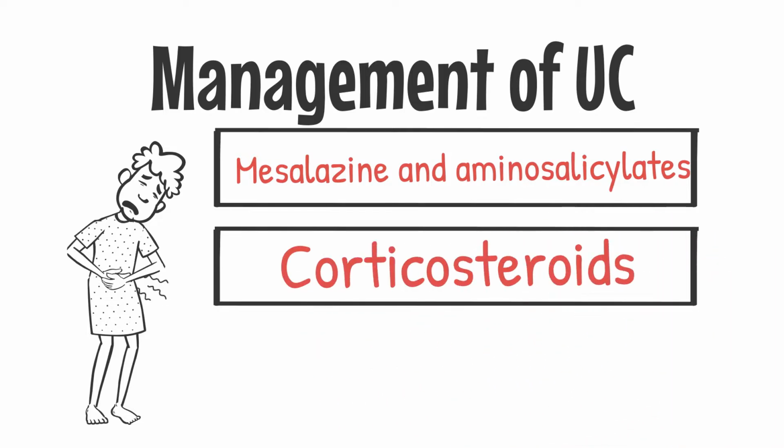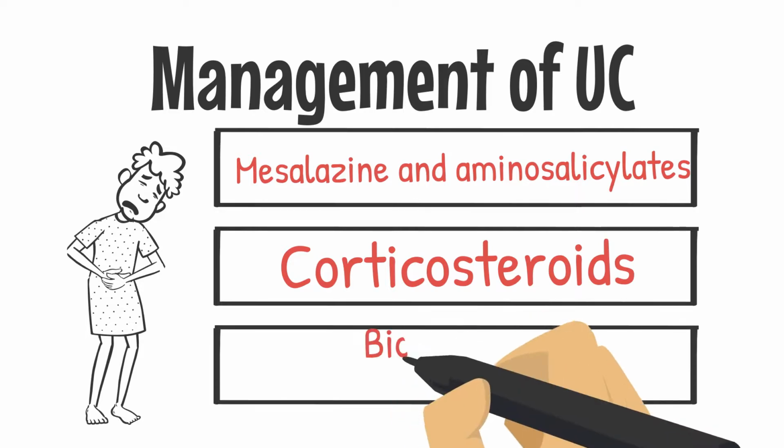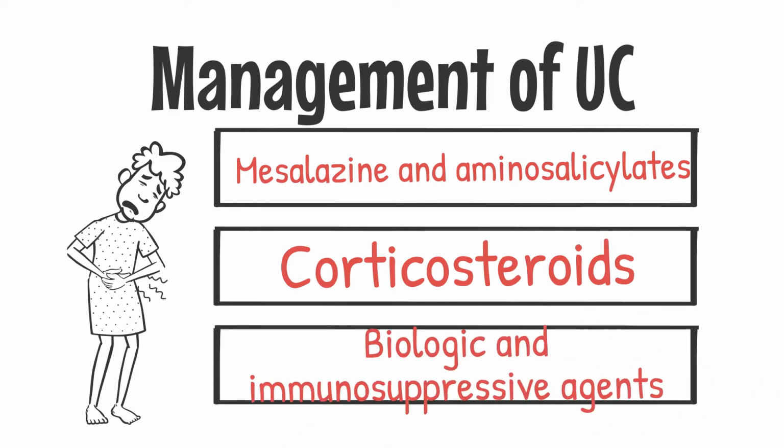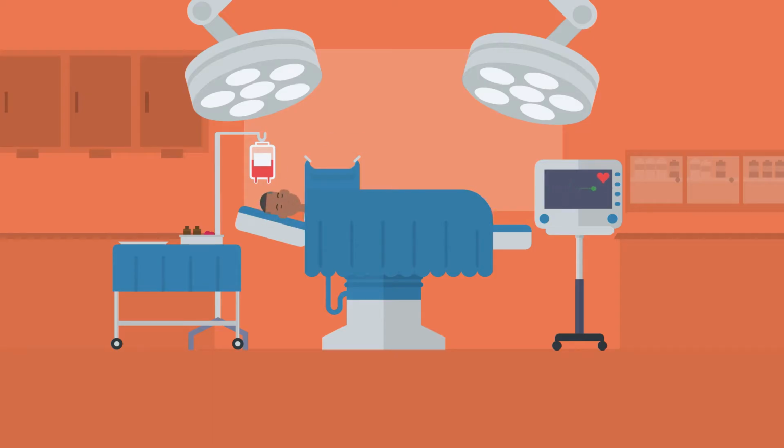Corticosteroids are used when treatment with initial therapy is unsuccessful. In refractory cases, immunosuppressive and biological agents can be added. A colectomy, which is a surgical procedure that involves the removal of part of the colon, is typically curative in patients with ulcerative colitis because unlike in Crohn's disease, the inflammation in UC is limited to the colon.